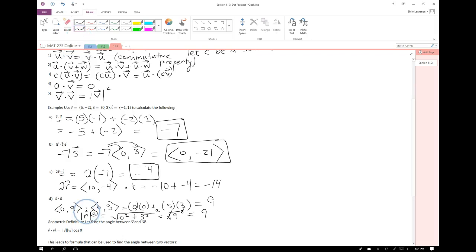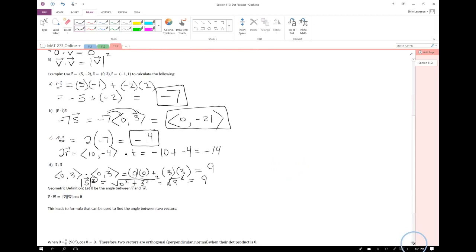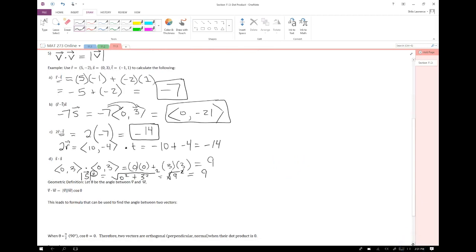This is vector s. So when we calculate s dot s, we get 9. If we also just did the magnitude of s and squared it, we also get 9. So whichever calculation is easier, as long as we know that they're equivalent, we have our choice of which one we want to do, and we should get the same answer.